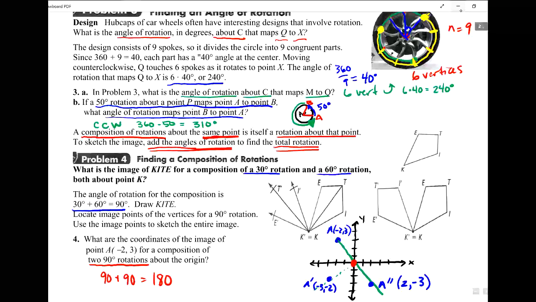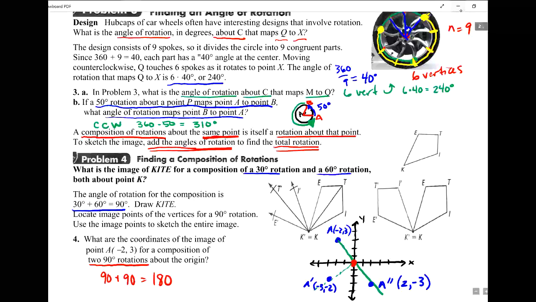All right, it says, what are the coordinates of the image of point A at -2, 3 for a composition of two 90-degree rotations about the origin? Now we could do this as two 90-degree rotations. First thing I did was draw myself a coordinate plane here, and I could do two 90-degree rotations.